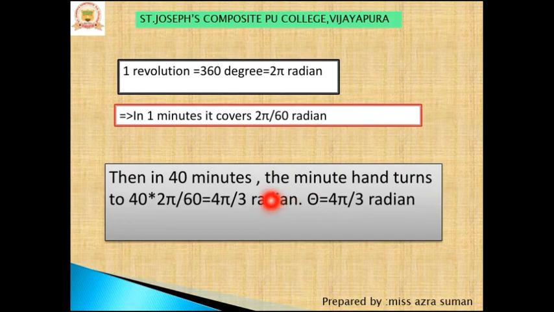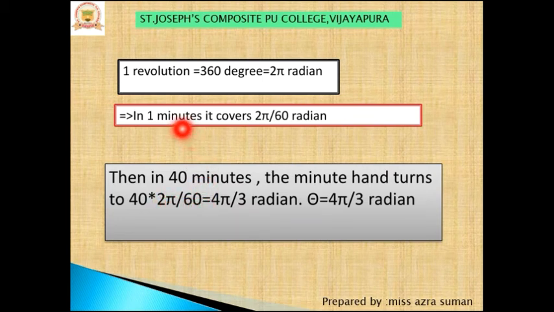Now we have to calculate the angle for 40 minutes. This is the value for 1 minute, so in 40 minutes the minute hand turns 40 into 2 pi by 60.